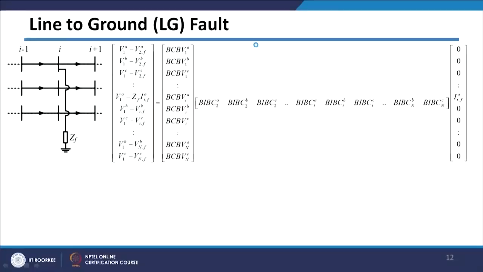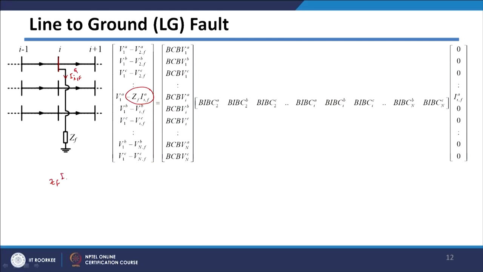During the short circuit calculation, we are also interested in calculating post fault voltages. So let us see how we can calculate these post fault voltages. Again I am taking the same equation which we have got. Only in the BIBC and BCBV matrices we will change this quantity here. As I told you, the voltage here will become ZF multiplied by the current flowing through it, which is the fault current in A phase.